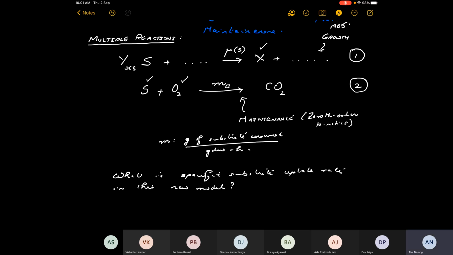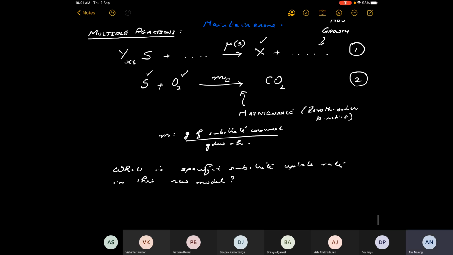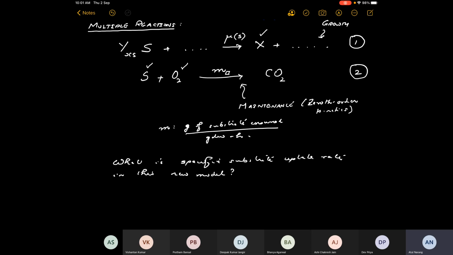Well, it's pretty simple. According to this new model, substrate is being consumed for two purposes. It is being consumed not only for growth, but also for maintenance. So your RS, let's call it total.